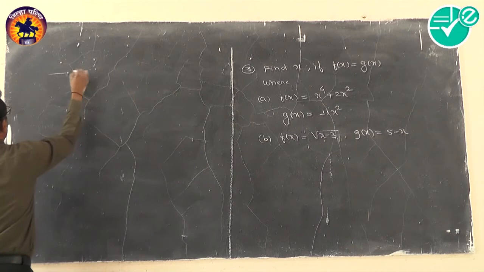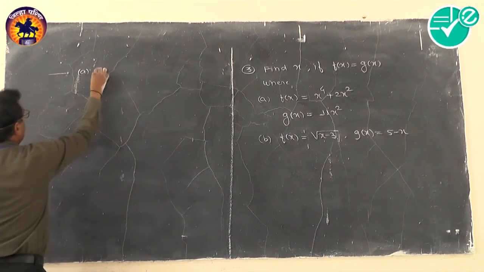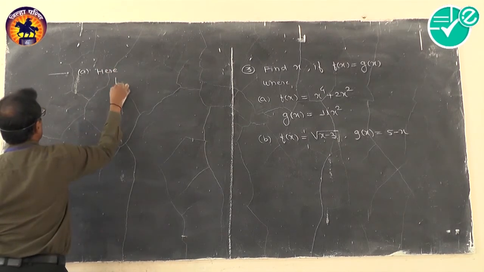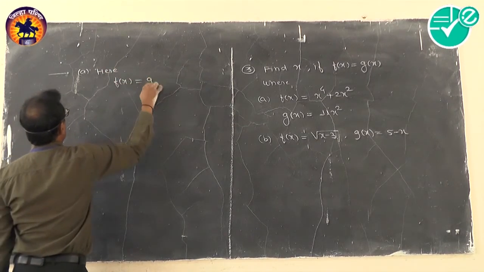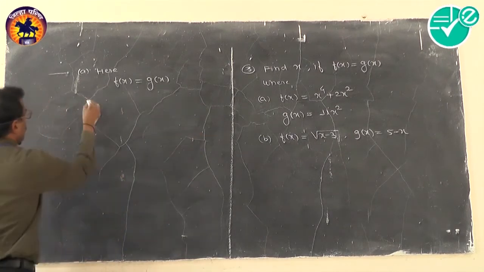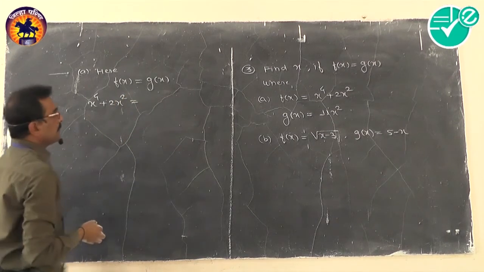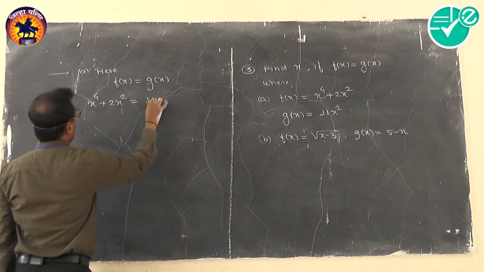Now if we solve this for small a, very first, which condition is given here? f of x and g of x are both the same. What is f of x? f of x means x raised to 4 plus 2x square, and it is equal to g of x, which means 11x square.